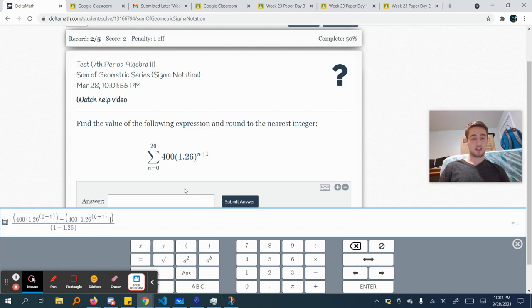So you want to multiply this by 1.26 raised to the power of 26 minus 0 plus 1, 27. So we have the first term minus the first term multiplied by a ratio raised to the number of terms, and then divided by 1 minus our ratio. And here it's 992234.